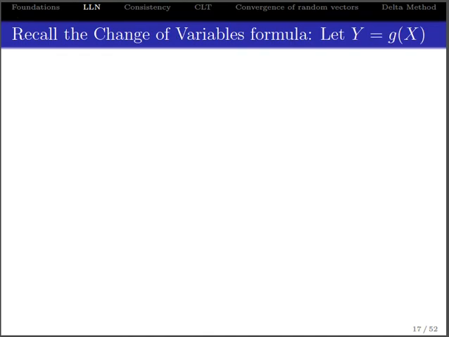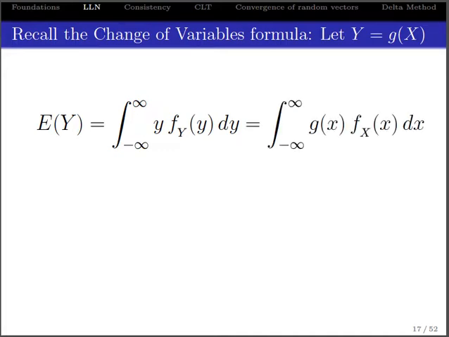So here's more simulation. Recall the change of variables formula. This is something that came up in the zipper example, but I didn't introduce it formally. You've got y equals g of x, and one way of writing the expected value of y is to just integrate y against its density.